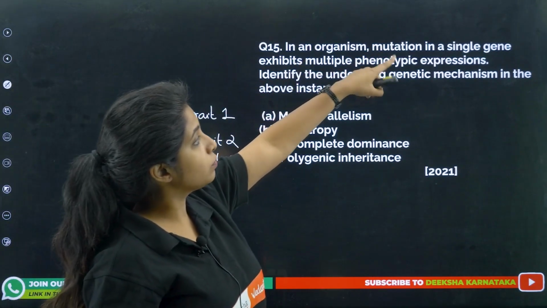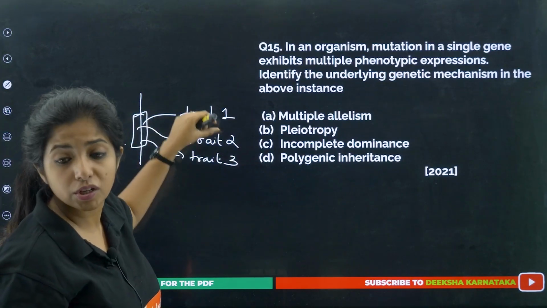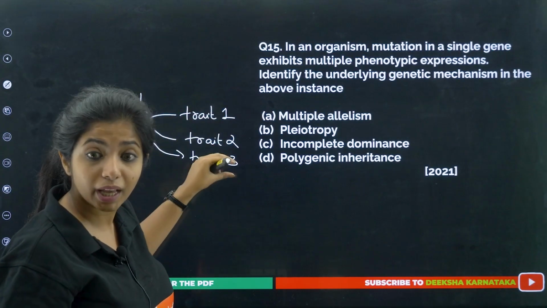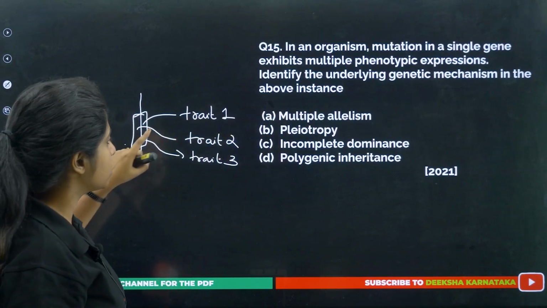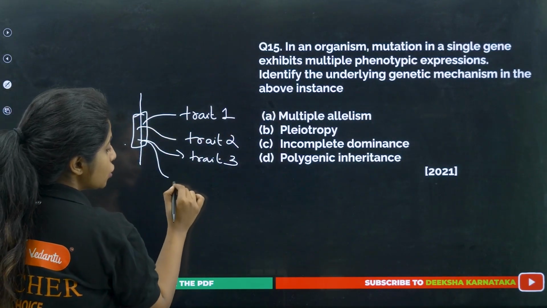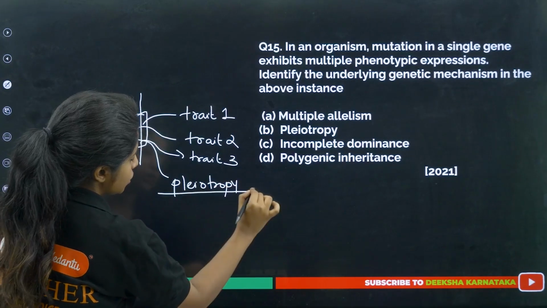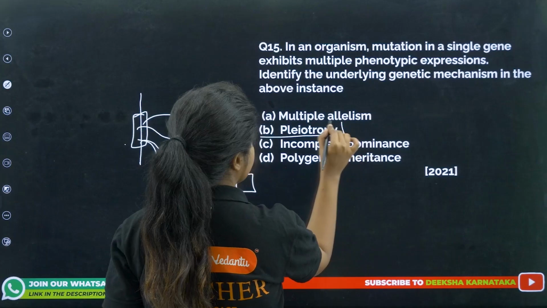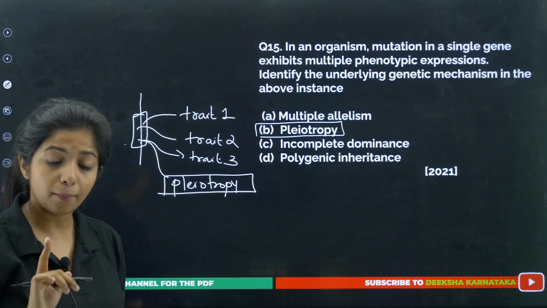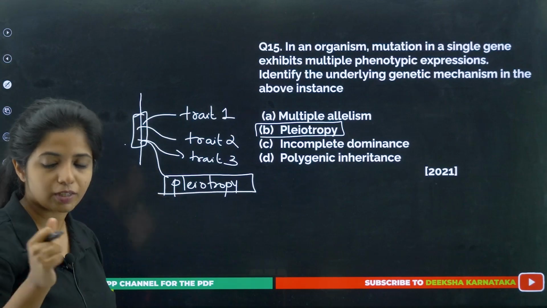So in an organism, mutation in a single gene is exhibiting multiple phenotypic expression, as in multiple changes, multiple phenotypes, multiple characters. Identify the underlying genetic mechanism. What do you call this? This is known as pleiotropy, my dear children. I will be explaining the example of pleiotropy also if the question comes. If not, I will just explain it to you.